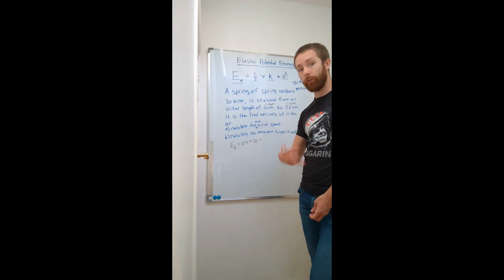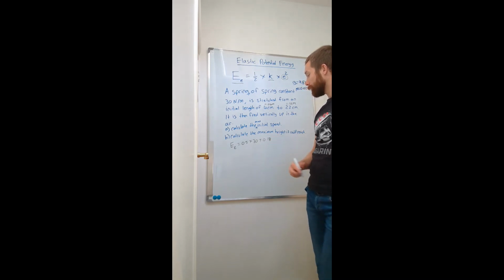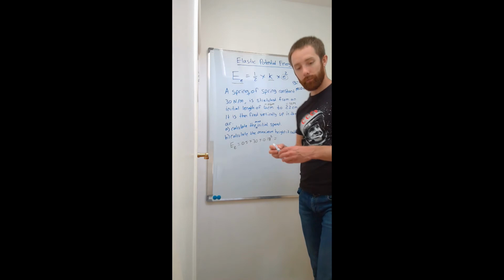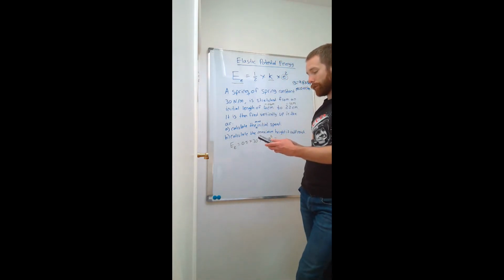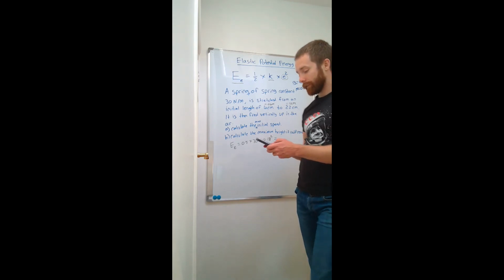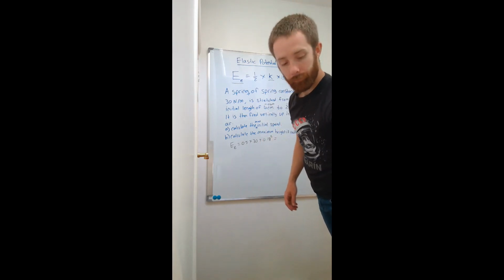From 4 centimeters to 22 centimeters, 18 centimeters, or 0.18 meters, and that is going to be squared. So let's work out what this is. So 0.5 times by 30 times by 0.18 squared is going to give you 0.486, okay?